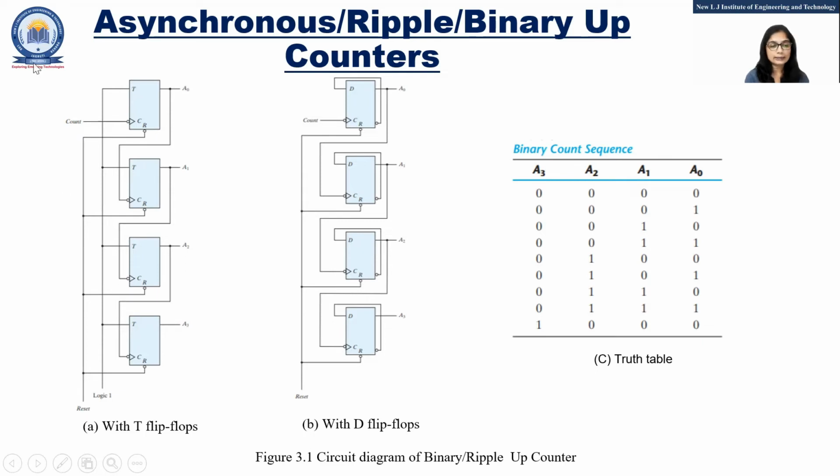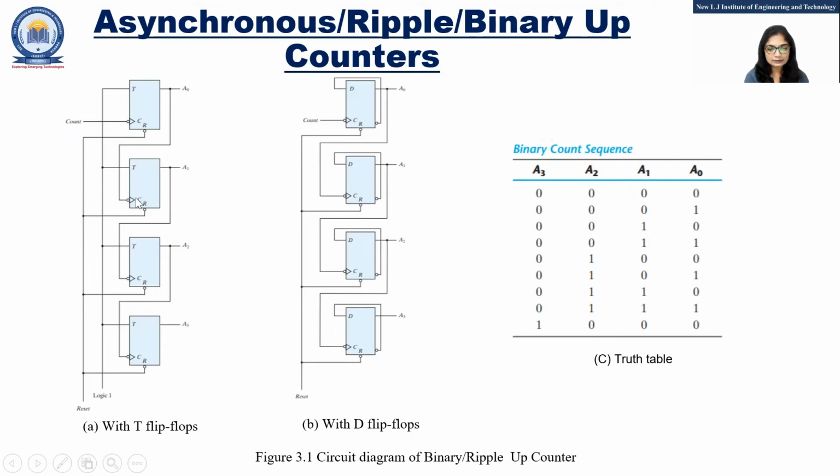So here what will happen? Suppose I am applying this count pulse, that is C. Initially, at the negative edge of this clock pulse, this flip-flop will toggle its previous state output. Now this output I am applying to the clock pulse of this flip-flop.